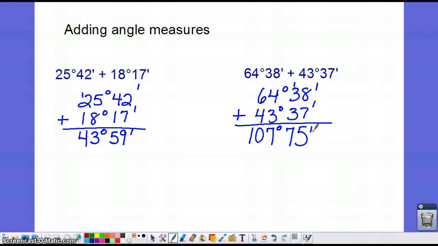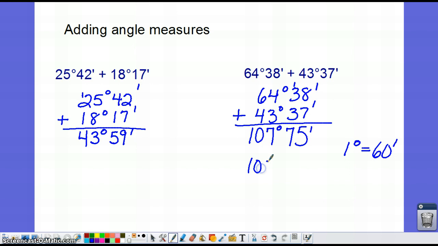However, our minutes number cannot be more than 60. As we learned on the previous page, 1 degree equals 60 minutes. So I'm going to subtract 60 minutes from this 75 and convert it over to 1 degree.